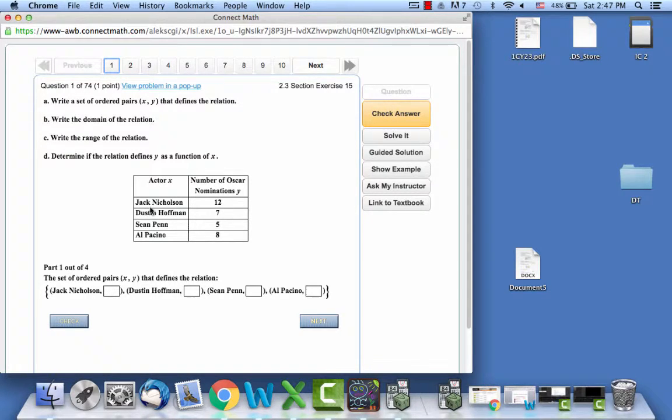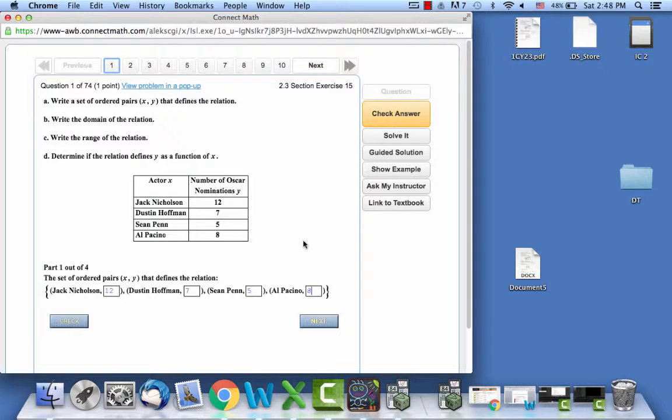So Jack Nicholson goes to 12 because that's how many Oscar nominations he's received. So 12 goes there. Dustin Hoffman has gotten 7, so he gets 7. Sean Penn has gotten 5, and Al Pacino has gotten 8.